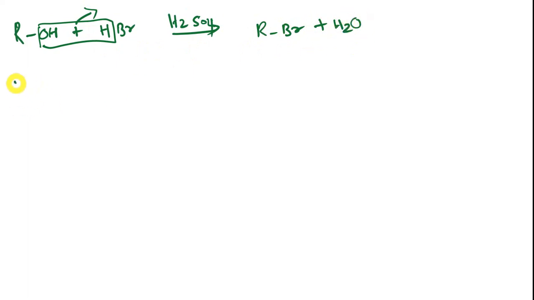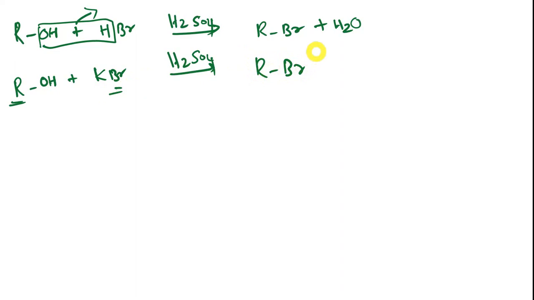Okay. But in the case of potassium bromide, ROH plus KBr, if you use a dehydrating agent, H2SO4, let us write the ultimate aim of our preparation, that is RBr. Potassium bromide will be formed, plus here there is OH and here HSO4.